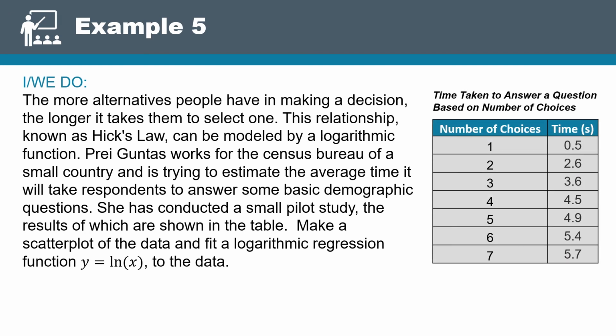Example 5. The more alternatives people have in making a decision, the longer it takes them to select one. This relationship, known as Hick's law, can be modeled by a logarithmic function. Preguntas works for the Census Bureau of a small country and is trying to estimate the average time it will take respondents to answer some basic demographic questions.